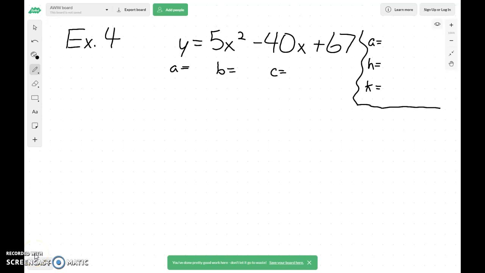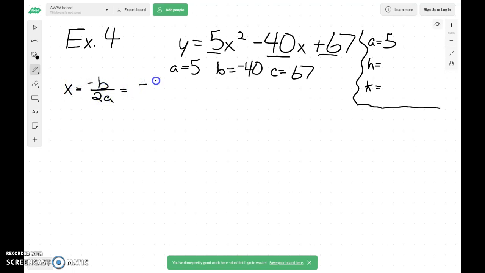Alright, so the first thing we're going to do in this problem is we're going to label A, B, and C. And that's pretty easy to do. All we do is label just A, B, and C based on the problem. Now, once we have A, B, and C listed, we need to then go ahead and identify that A is going to be equal to 5. Next, we can go ahead and use the formula x equals negative b over 2a to help us identify the h value.